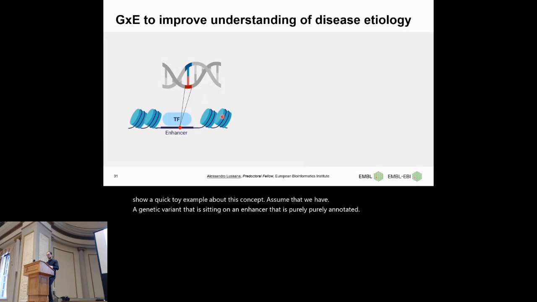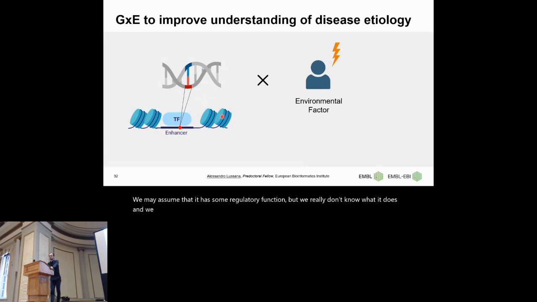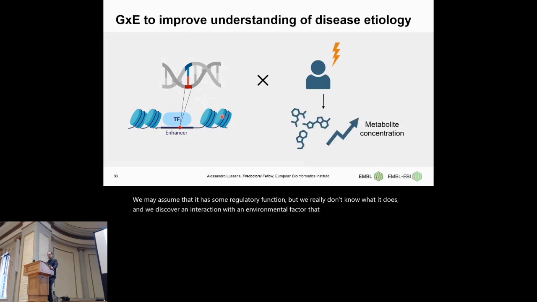We may assume that it has some regulatory function, but we really don't know what it does. And we discover an interaction with an environmental factor that we know the exposure to this environmental factor has the effect of increasing the concentration of a certain metabolite.